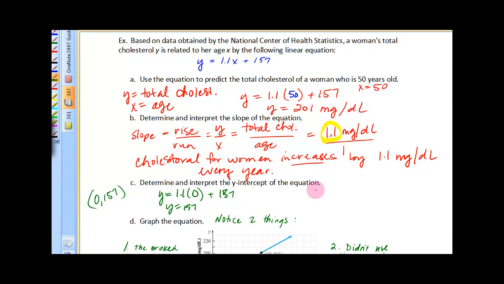So the way I can write that would be that the total cholesterol for a baby girl, or maybe a newborn, is 157 milligrams per deciliter. And that's how you interpret the intercept. That's kind of important too, because we're saying that at birth you have 157 milligrams per deciliter already of cholesterol.